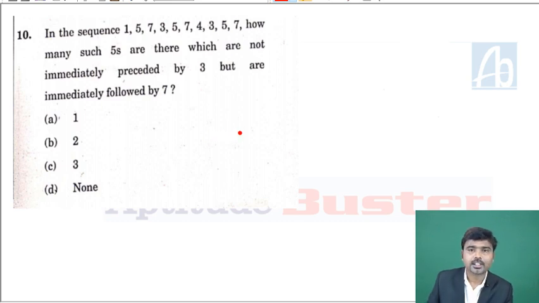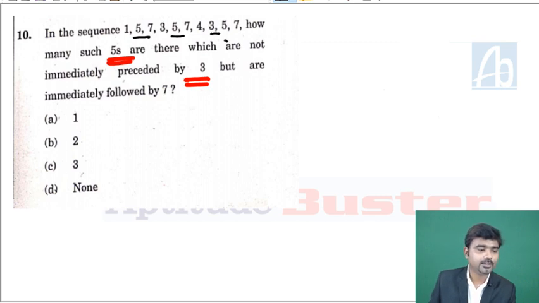Next, the 10th question: in the sequence 1, 5, 7, 3, 5, 7, 4, 3, 5, 7, how many 5s are there which are not immediately preceded by 3 but are immediately followed by 7? Just look at the values here. How many 5s are there? 1, 2, 3. Only 3 fives, right?